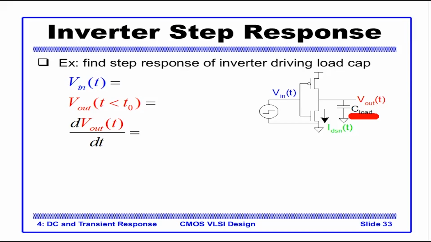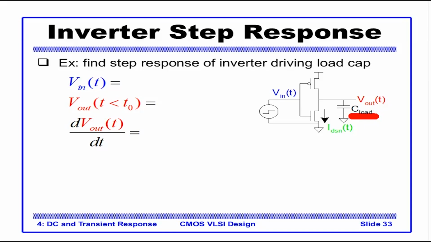This load is just the drain cap of both, or it could also represent the fan out load of, let's say, an inverter or any gate. We saw this earlier during the RC model, but whatever load is on V out is represented by C load. So for V in, we are looking to find the step response.